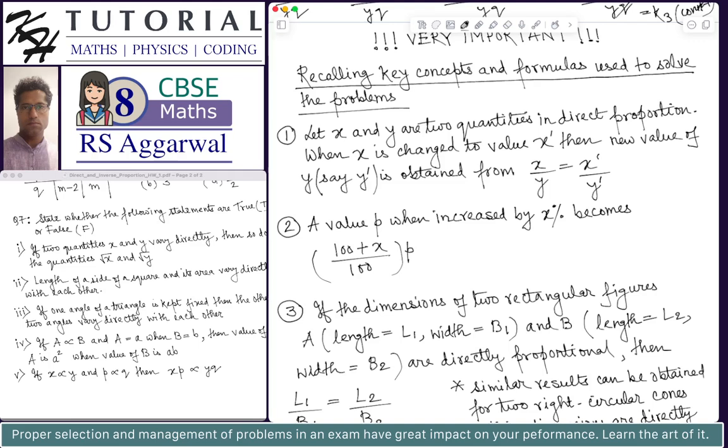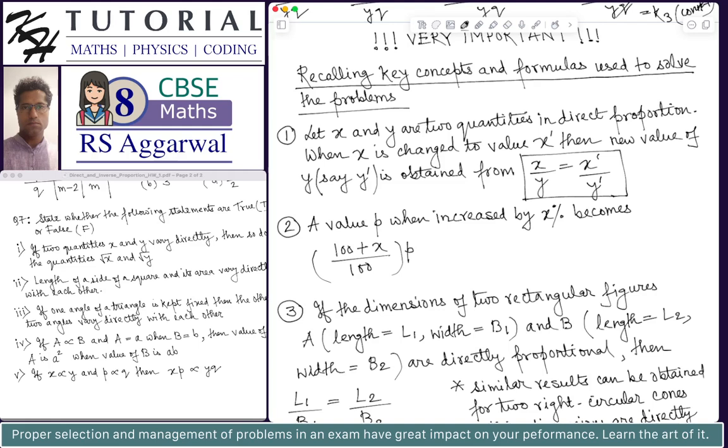Then what will be the new value of the quantity y? If the new value of y is y dash, then we can get y dash from this equation: x by y, the original values, should be equal to the new value of x divided by the new value of y, that is y dash.